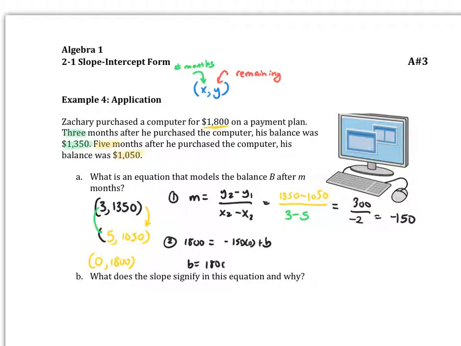Now, we didn't have to go through that. Conceptually, we knew that to begin with. So, and finally, step 3 is y equals mx plus b, negative 150x plus 1,800.